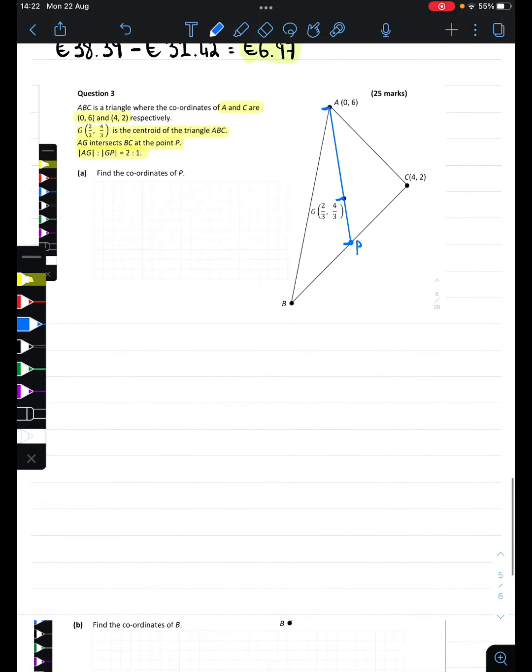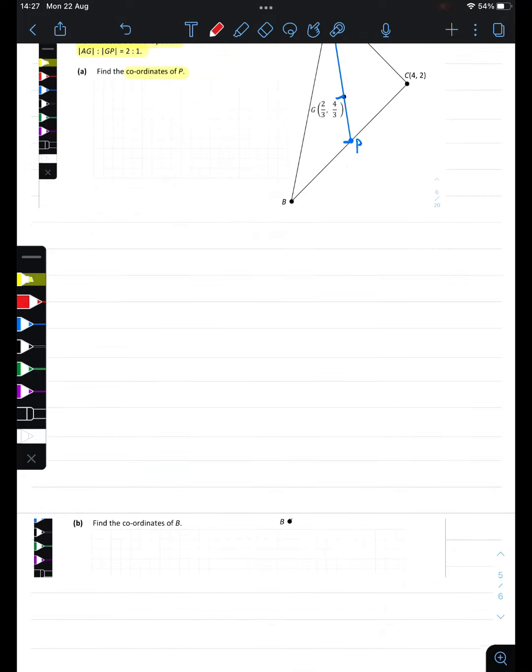Okay, so we want to find the coordinates of P.